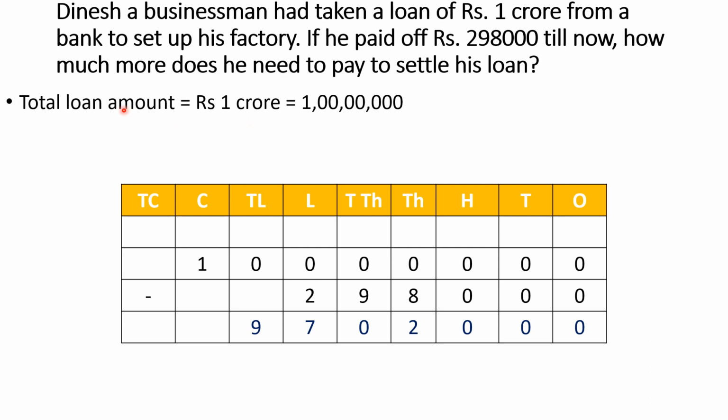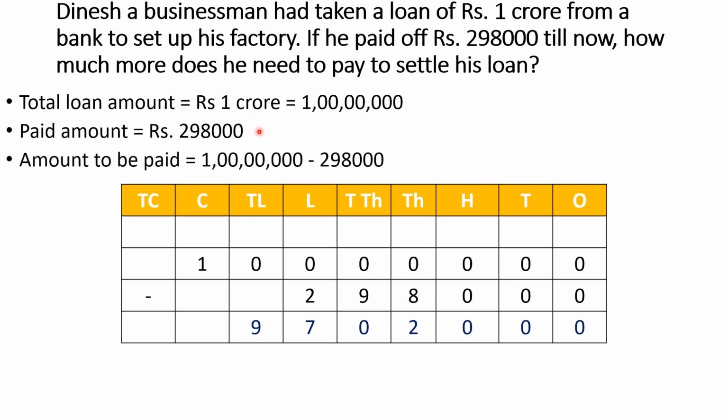It means the total loan amount equals rupees 1 crore. If he paid off rupees 2,98,000, how much money did he pay off? Yes, 2,98,000. How much more does he need to pay? It means we have to find the difference. Yes, the amount to be paid equals 1 crore minus 2,98,000.